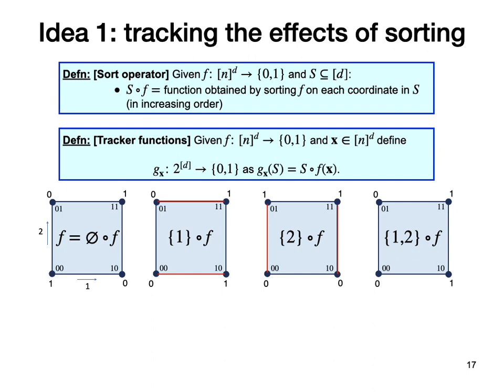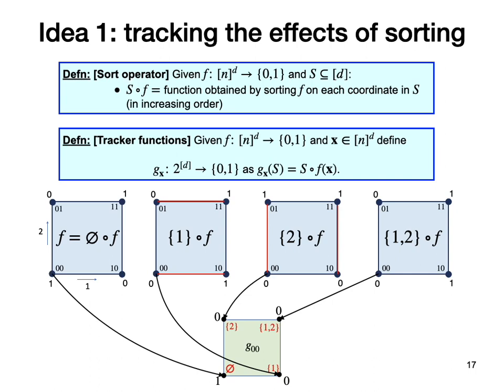Formally, the tracker function of x at the point s is defined as the value of the function at x after sorting the function on the coordinates in s. As an example, here is the tracker function associated with the point 0, 0, the lower left point. And the value of g_{0,0} at each point is inherited from the above functions as follows.